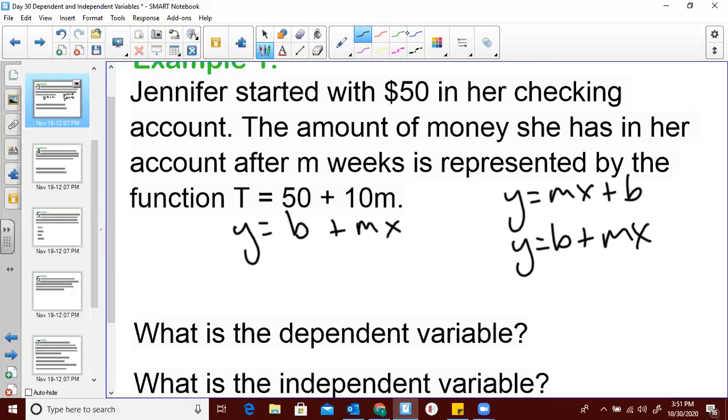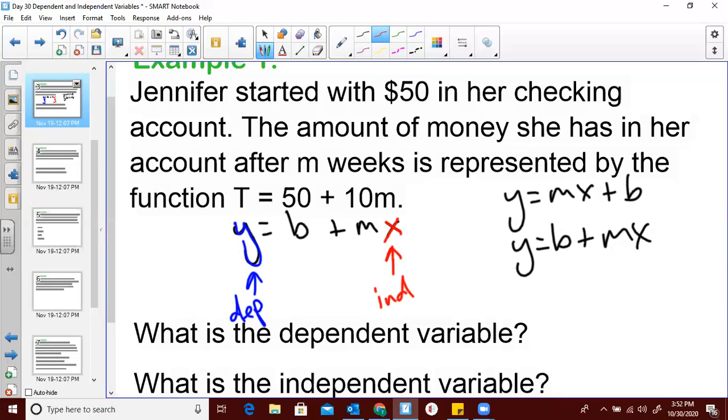Well, in the past couple of days, we have been focusing more on our b and m, right, our slope and our y-intercept. Today we're going to be focusing on our y and our x. So remember that our y is our dependent variable because it depends on x. And then remember that our x is our independent variable, independent.